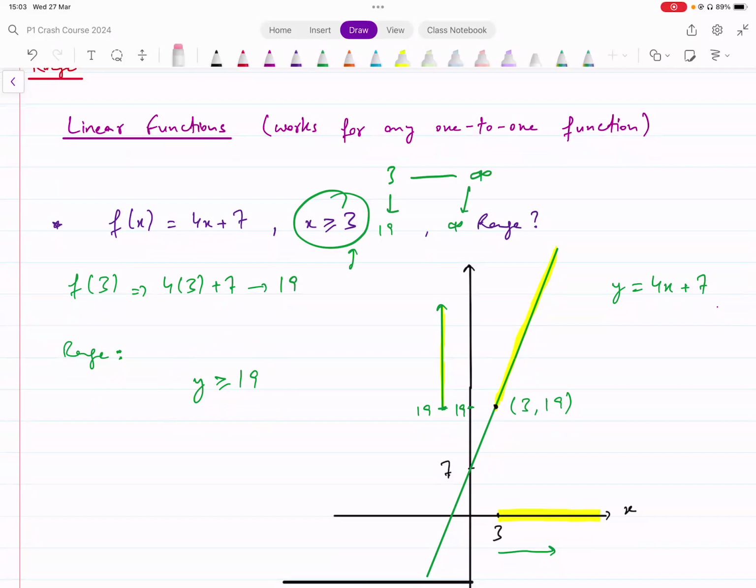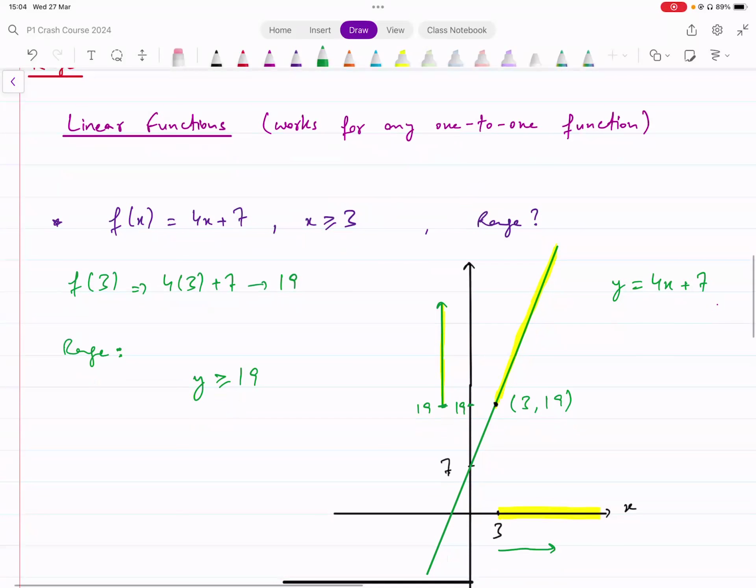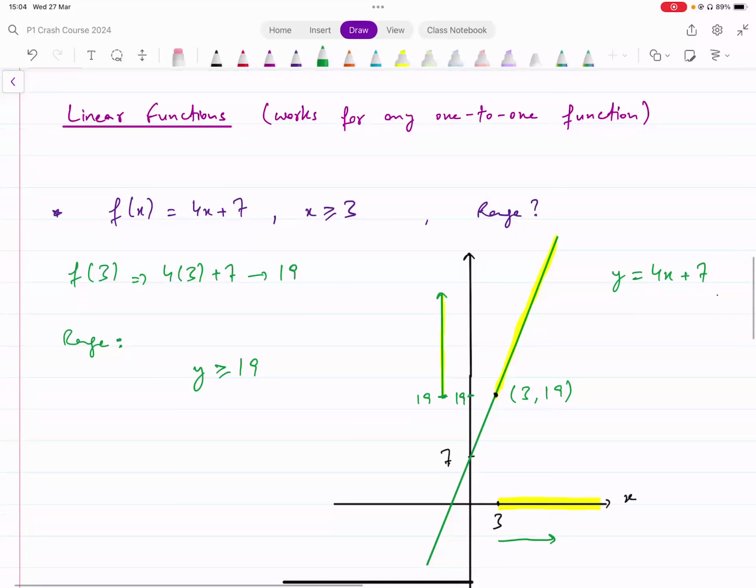You could do linear functions using that same idea without drawing graphs as well, right? Because linear functions don't have any turning points. In this case as well, you could get away with not drawing graphs and just using the same logic that we used for reciprocal functions.